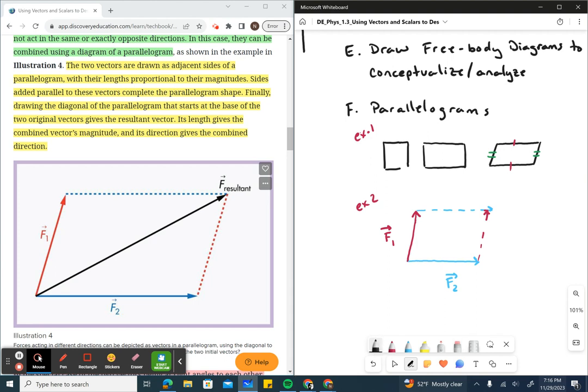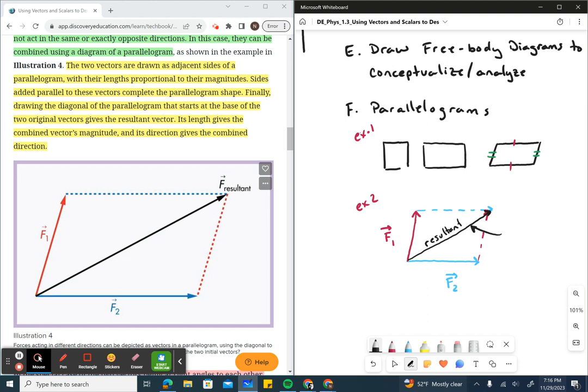And now I'm going to draw my resultant. This is my resultant, and this is a combination of the F1 and the F2.